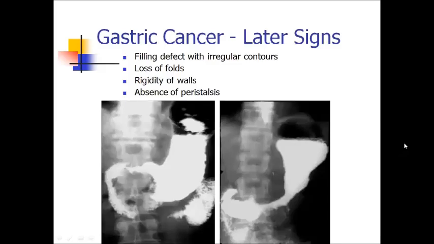Later signs are filling defect without regular contours, loss of folds, rigidity of walls, absence of peristaltics, and narrowing of affected part of stomach.